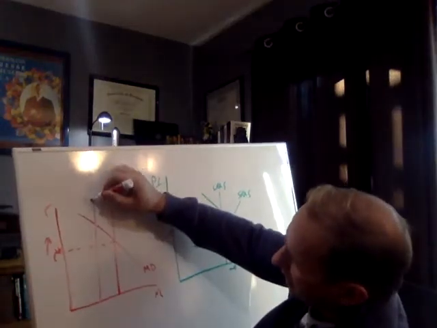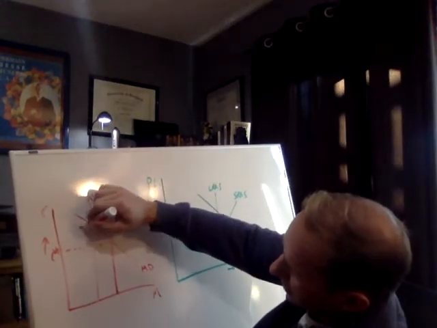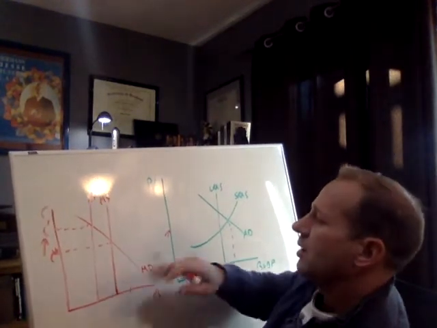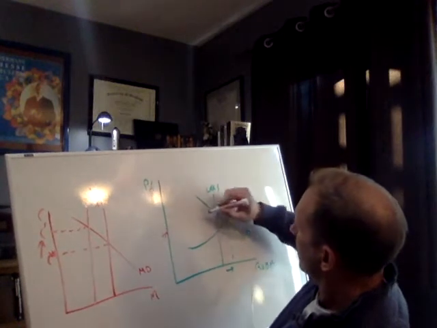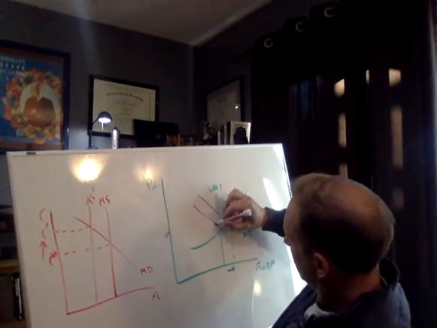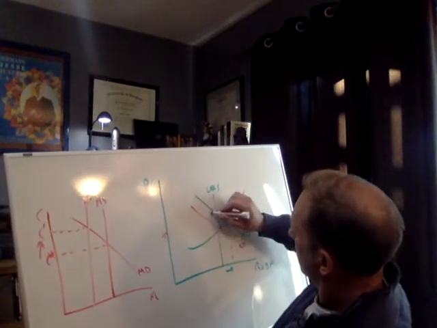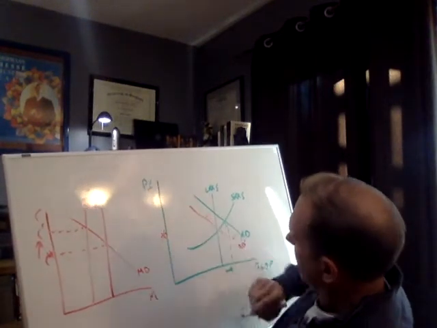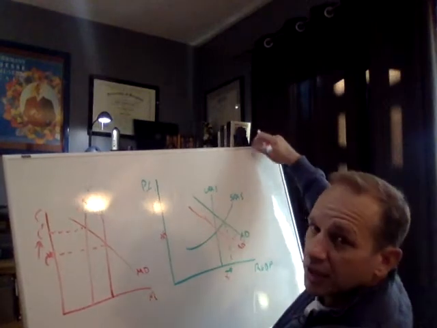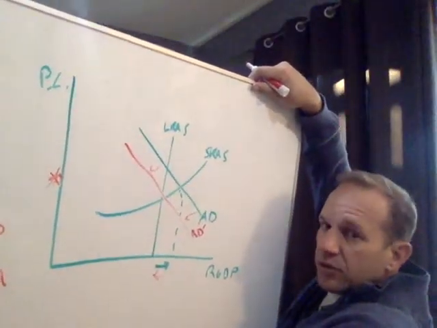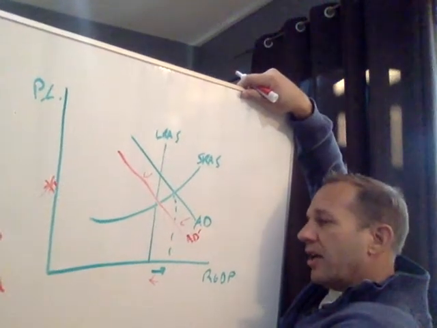Decrease the money supply. And that pushes up on interest rates. Higher interest rates decrease consumption and investment and push aggregate demand down, offset that, and cool off the economy, getting us back to our full employment level of output.